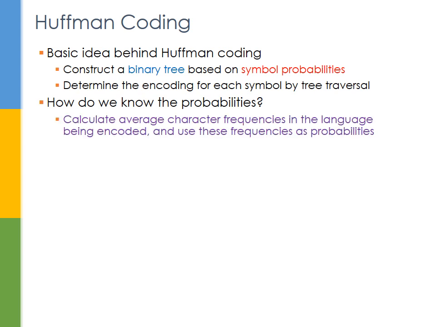One approach that we could use is to treat the language that we're attempting to encode, for example English, as a whole, and calculate the average character frequencies for this language and then use these frequencies as probabilities.